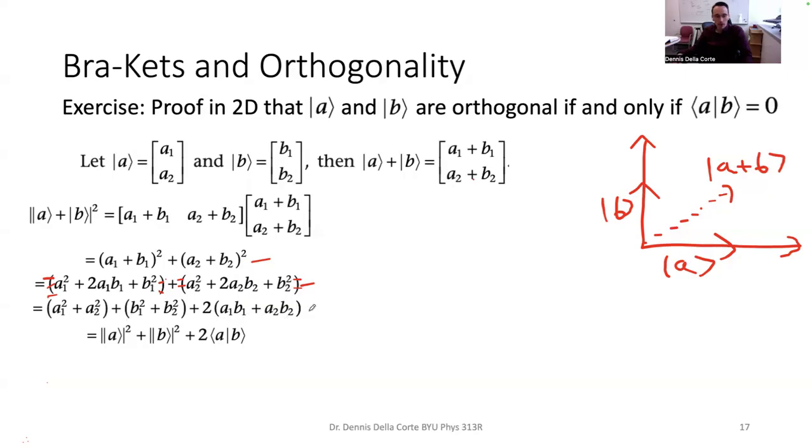Now, if you look at that, you see that A1 square plus A2 square is just A square, like the length of the A vector. B1 square plus B2 square is just the length of this vector here. And then the rest that you have here is 2 times the bra-ket product between A and B.